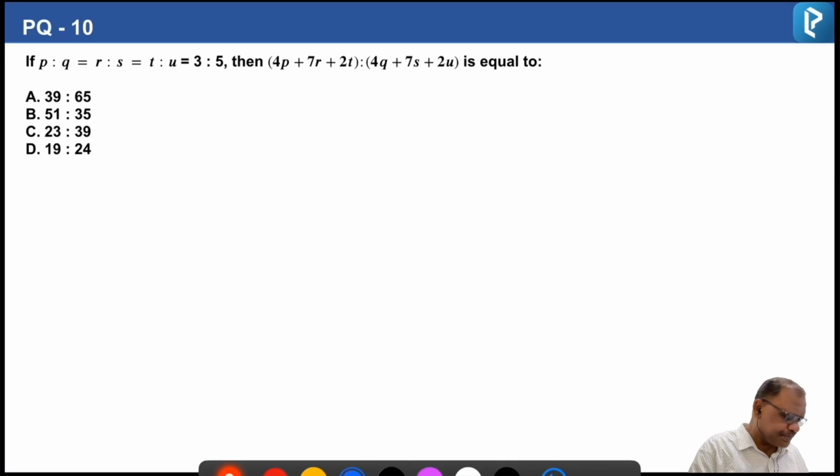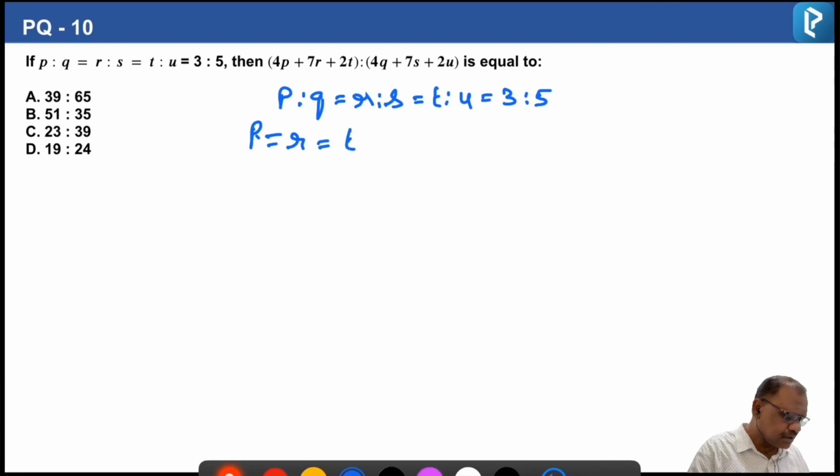So three ratios are equal to 3 is to 5: P is to Q, R is to S and T is to U. So that means P, R, T, all these three are equal to 3. Similarly, Q, S and U, these three are equal to 5.